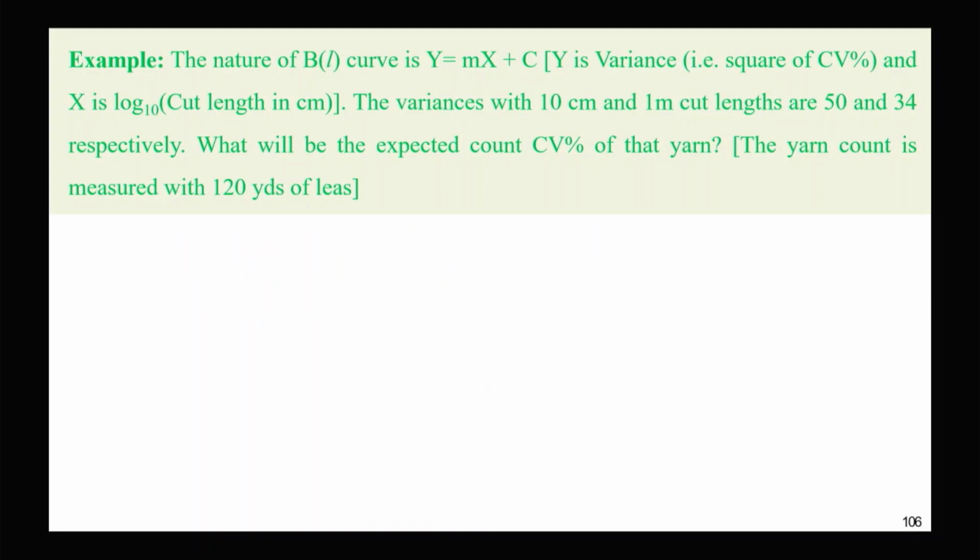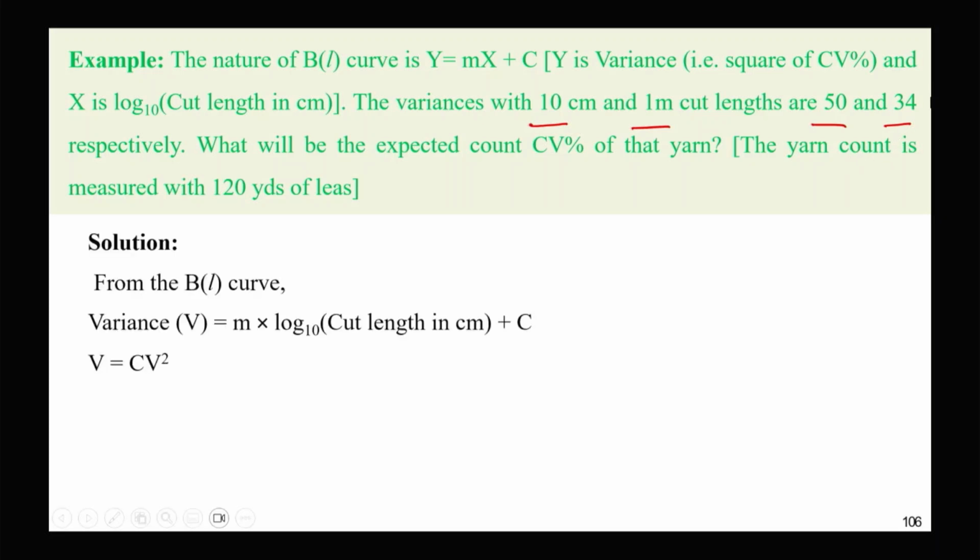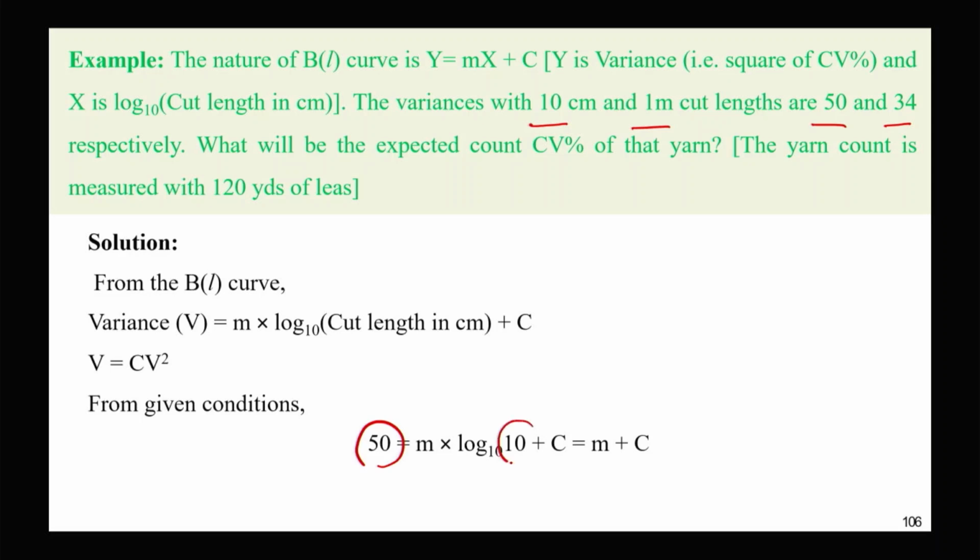Next, a similar numerical with certain variation in data. So variance with 10 centimeter and 1 meter cut length, we are getting 50 and 34 respectively. So we have to calculate the count CV. In a similar way, we will solve this numerical. So y equal to mx plus c, from the given relationship, 50 is the variance in the first case where 10 centimeter cut length was there.